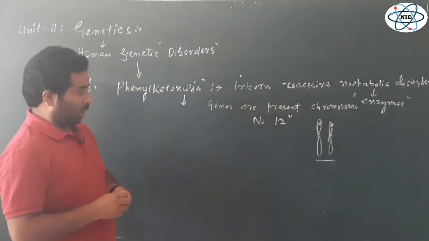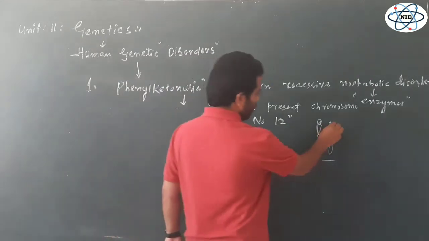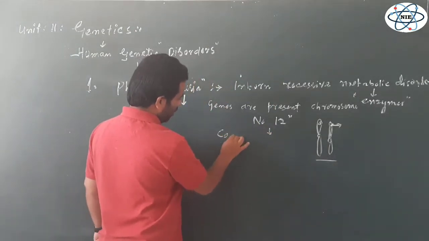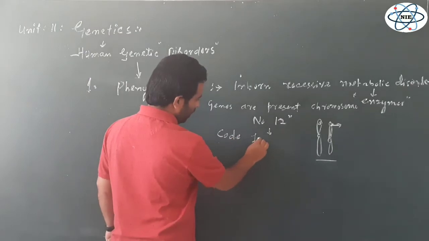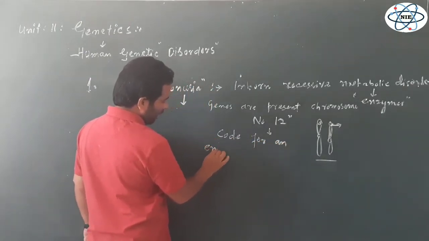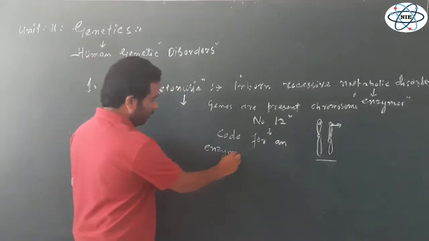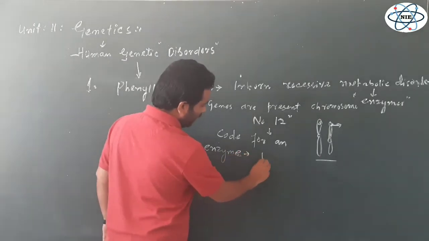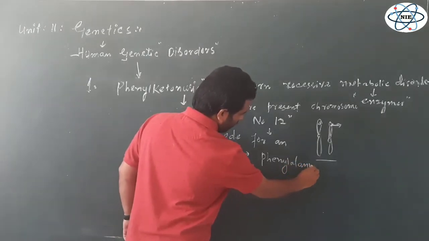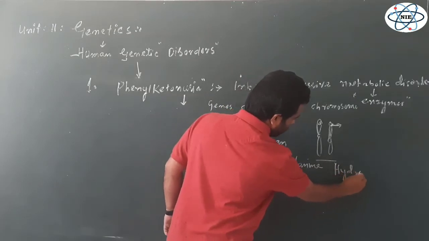right? Now normally, these genes which are located on chromosome number 12 code for an enzyme, and that enzyme is known as phenylalanine hydroxylase.